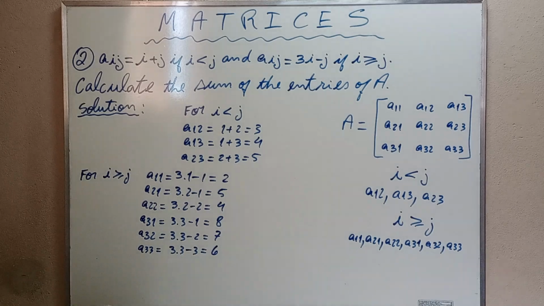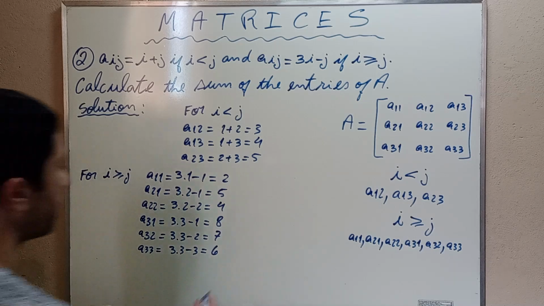Now that we have all the entries of matrix A, we calculate what the exercise wanted us to calculate. The exercise wanted us to calculate the sum of the entries of A. We simply sum them all.